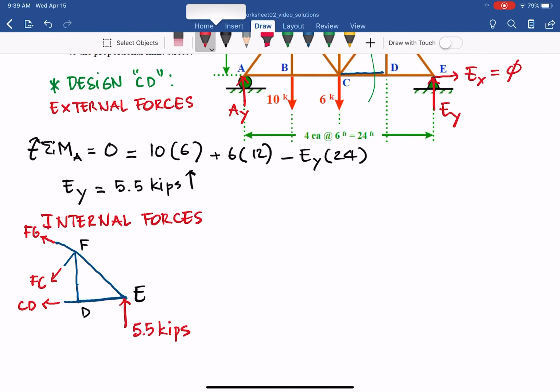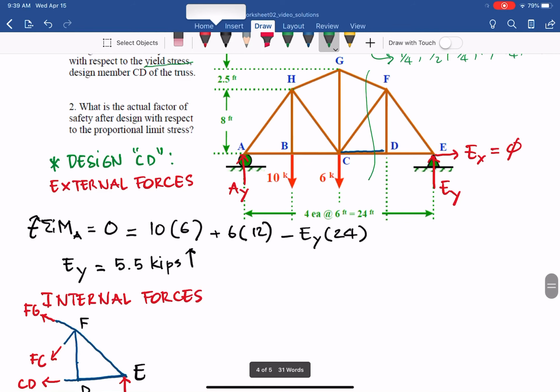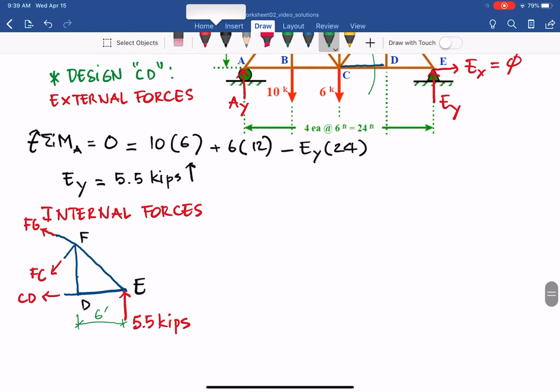And that's it. Going back to the geometry, each bay span equals 6 feet, and the height is 8 feet.